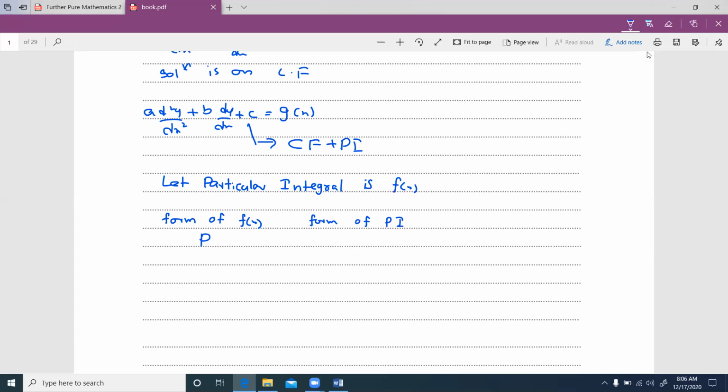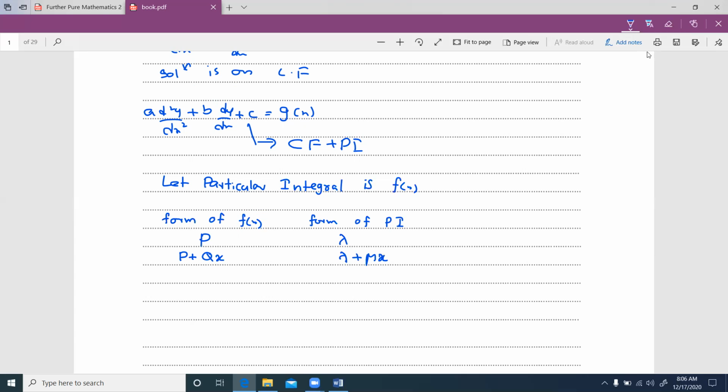If f(x) is a constant p, the particular integral turns into a constant lambda. If the form of f(x) is p plus qx, you get lambda plus mu x, where lambda and mu are constants.